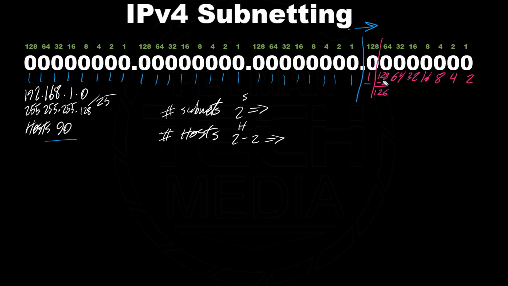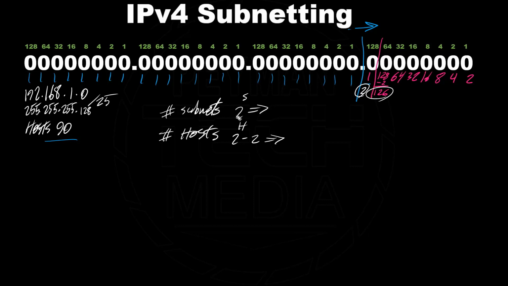Or in other words, if we count going from right to left, starting with 2: 2, 4, 8, 16, 32, 64, 128 minus 2, 126. These are the number of hosts. And for the number of subnets, we only have 1 bit here, so going from left to right, starting with 2, that gives us 2 subnets. And every subnet will have 126 available IP addresses.